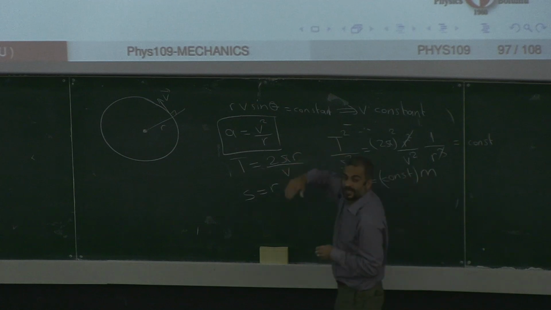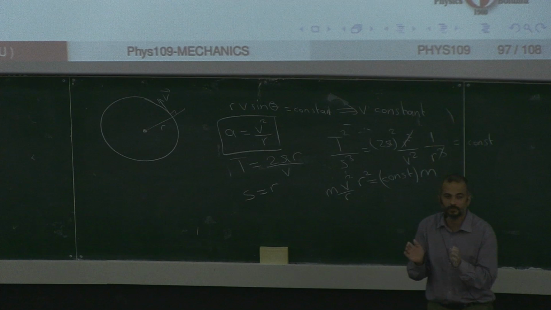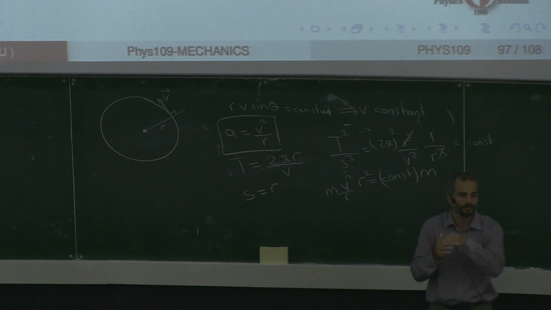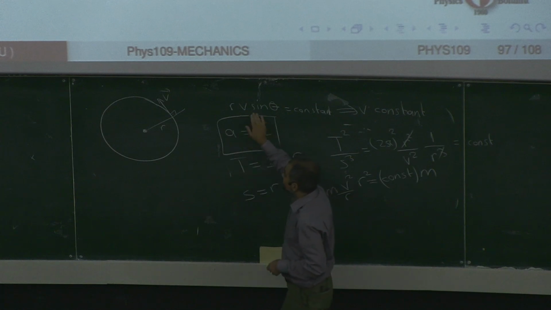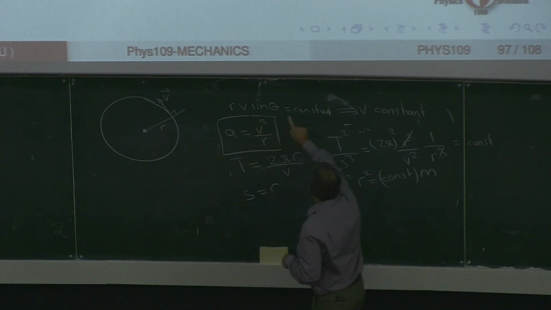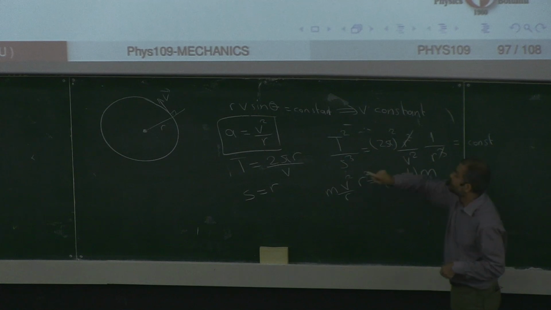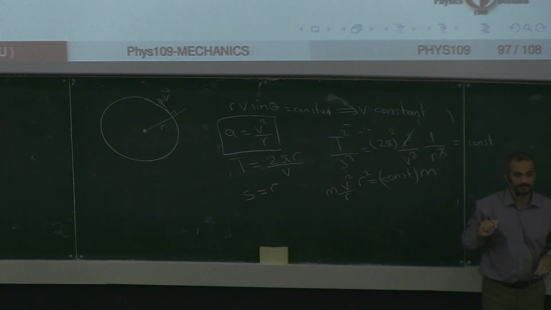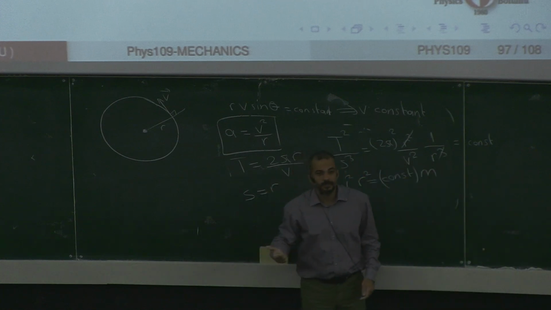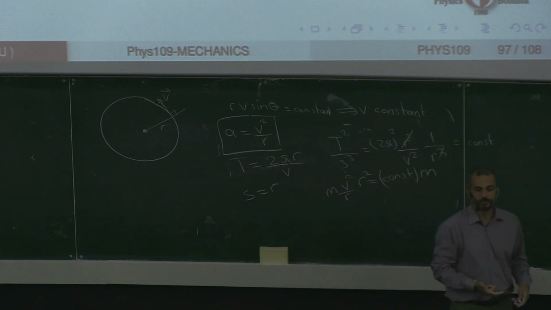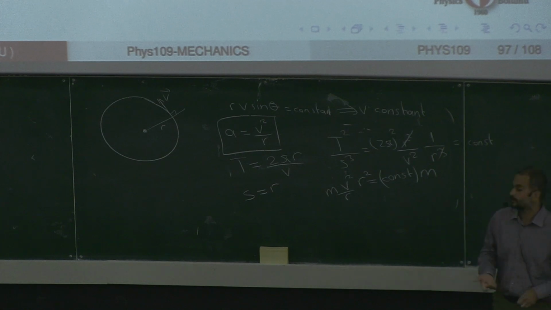Kepler's second law tells us that if you observe a planet for a fixed amount of time, the area that the radius vector sweeps is independent of where the planet was initially. That meant that r v sine theta is 0. And from this, for circular orbits, we concluded that the speed has to be constant for that planet. A circular orbit with constant speed is what we define as uniform circular motion. So we are doing uniform circular motion.